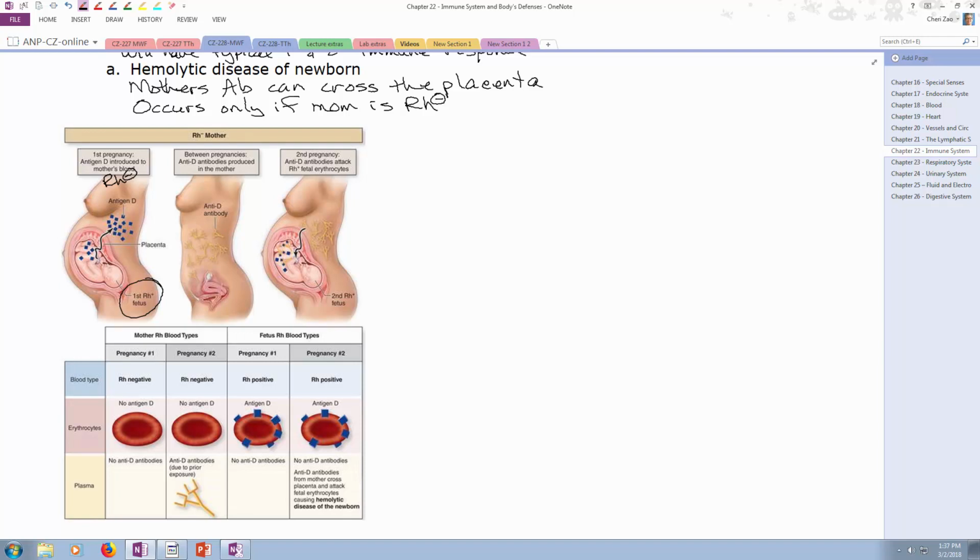The time that mother will actually have her system exposed to stuff from the baby is typically during birth. And so when you give birth to the baby, there's a lot of blood all over the place. It isn't just from the placenta. It is actually from a lot of wounds that the mother undergoes from giving birth.